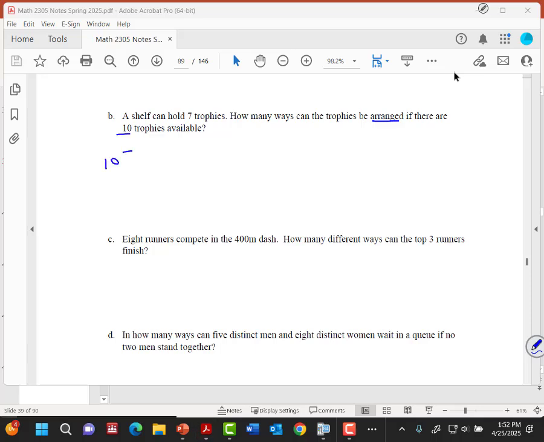So this is simply 10 permutation 7. So 10 factorial over 10 minus 7 factorial. This is 10 factorial over 3 factorial.